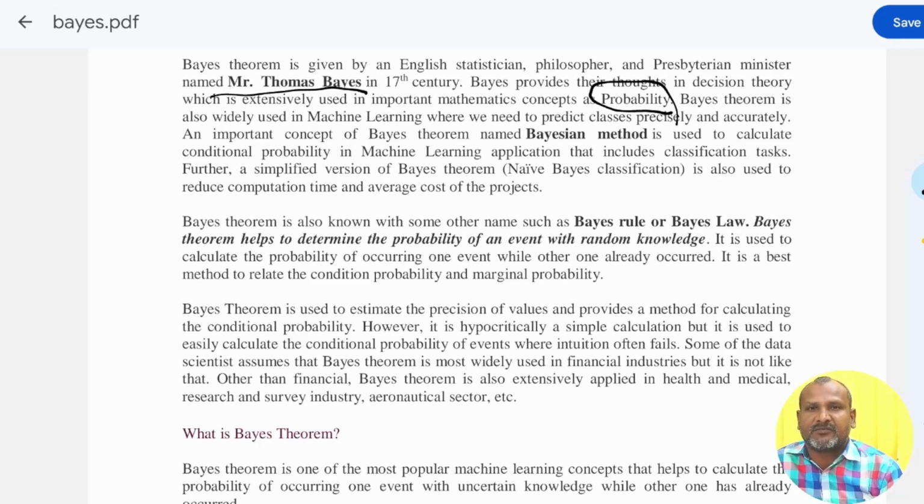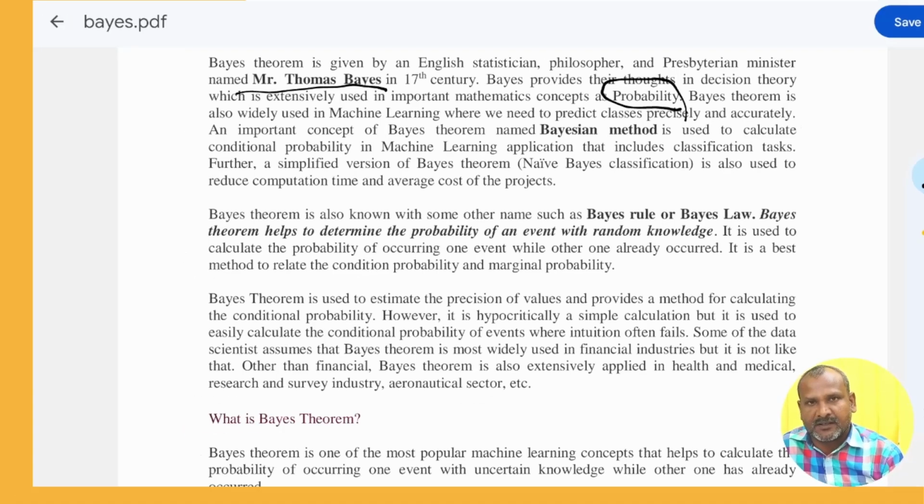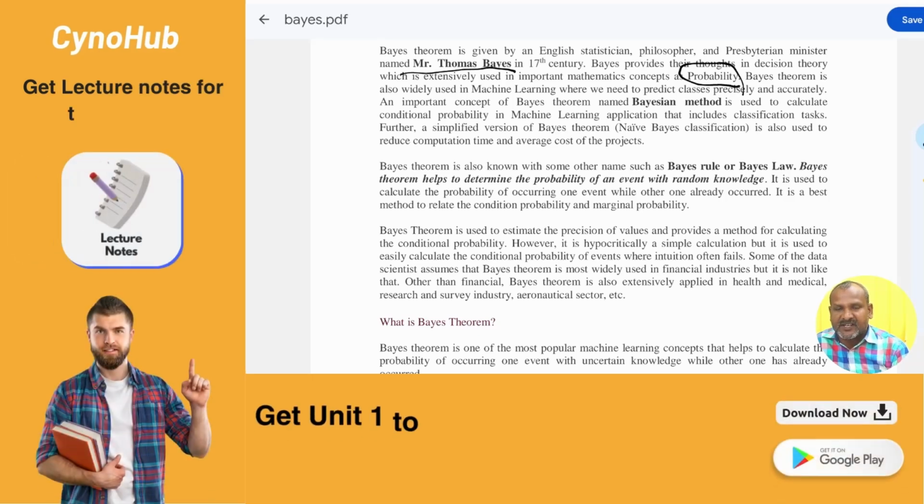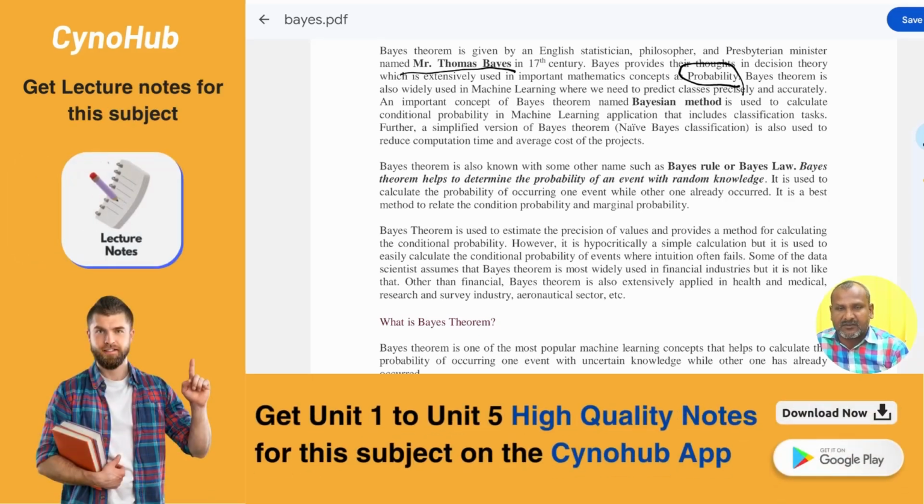One of the important topics from the mathematics point of view is probability and statistics. Based on that, he proposed one new theorem, which is named Bayes theorem, proposed by Mr. Thomas Bayes in the 17th century.